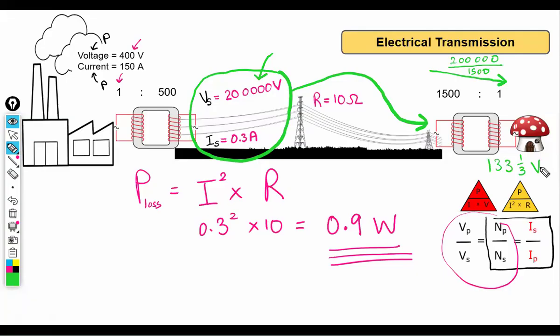So that is why there is a transformer just outside the power generator and just before your house. One is to raise the voltage and decrease the current, and the other is to decrease the voltage and increase the current a little bit, so it's safe in your house. So now you know the purpose of transformers.